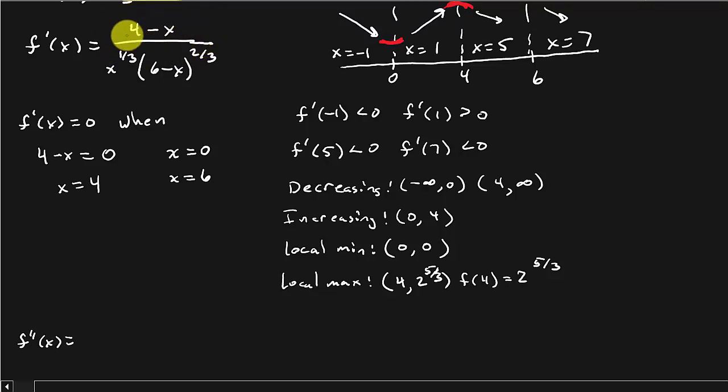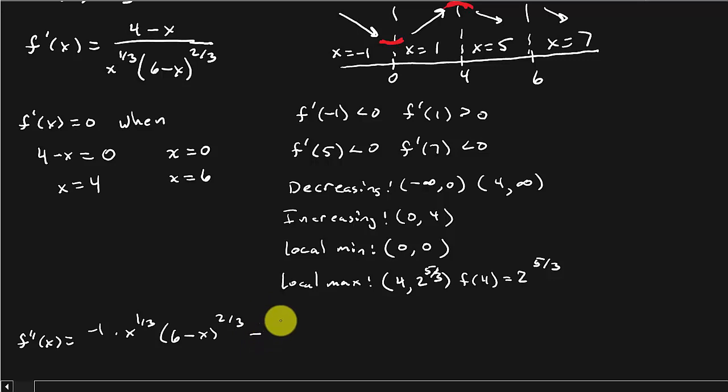So I'd have to do the derivative of this, which is -1 derivative numerator, times the denominator, which is x to the 1/3 times 6 minus x to the 2/3, right?